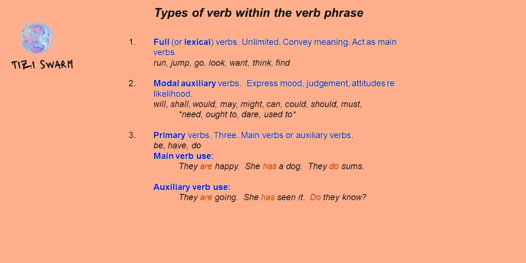Auxiliary verbs often help us to specify the tense, the time when something's happening, whether it's now or past or future. And they also help us to make questions and help us to make negatives. So those are the 3 primary verbs.